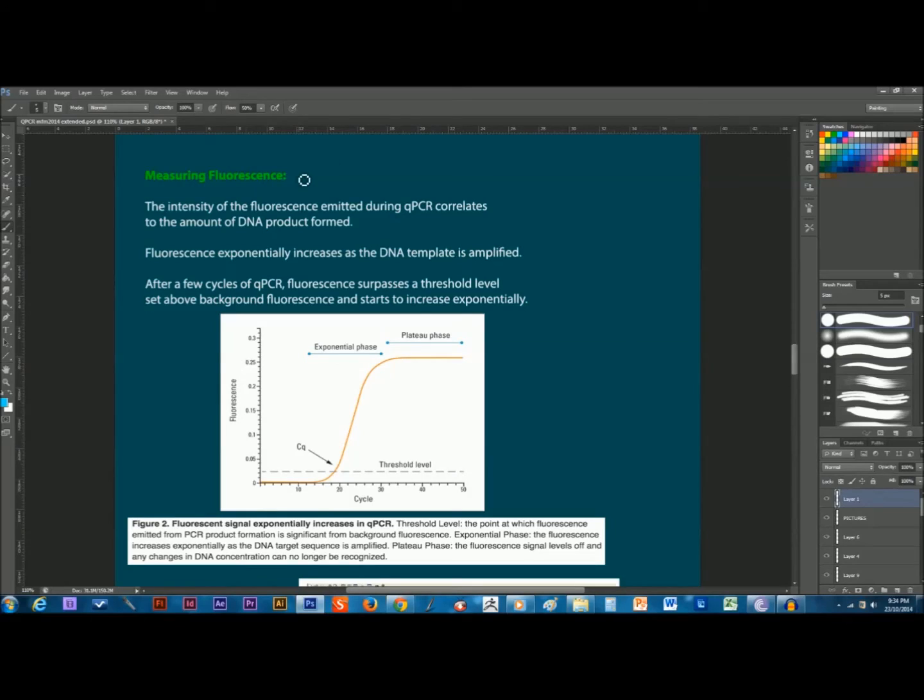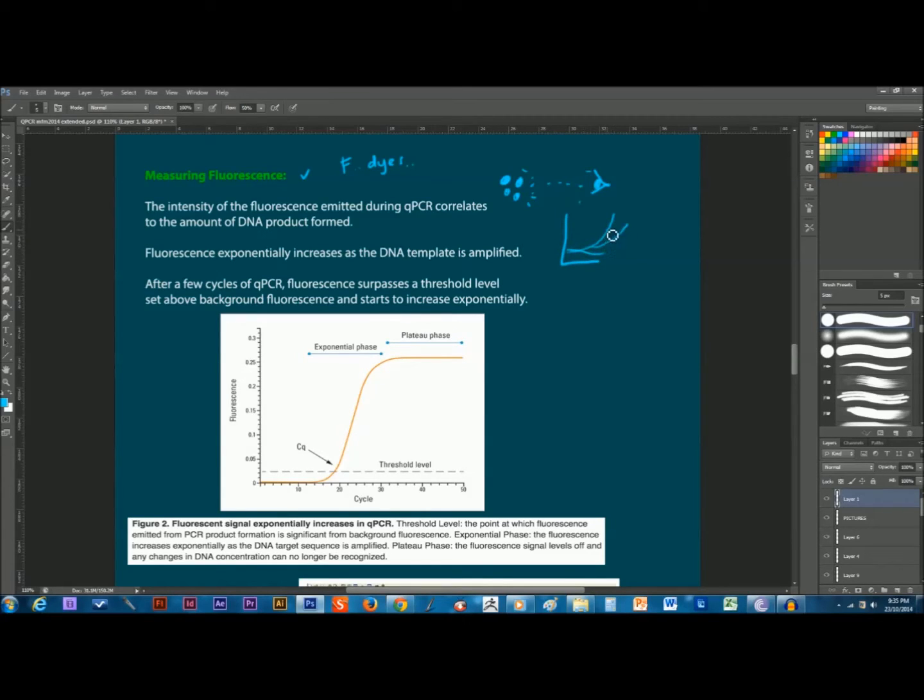Okay, measuring fluorescence. As we know, the real-time PCR uses fluorescence dye. So the fluorescence needs to be measured and detected by the instrument, and then the instrument will plot the amplification curve. So we can analyze the results based on the amplification curve.